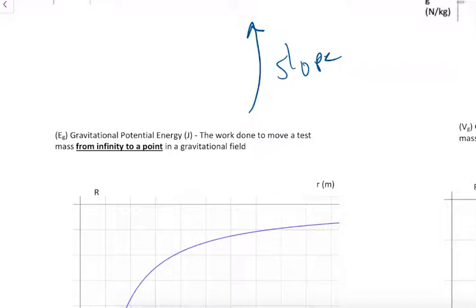That's arbitrary for us now, because what we need to find is how much work is being done to move between 2 points, and in this case, it's from infinity to some point, right? Now, this is an arbitrary value, but we're going to use this to represent gravitational potential changes in energy, which is what we care about the most. I mean, infinity doesn't matter to us, so we're going to look at between 2 points, but we need to start here before we do that.